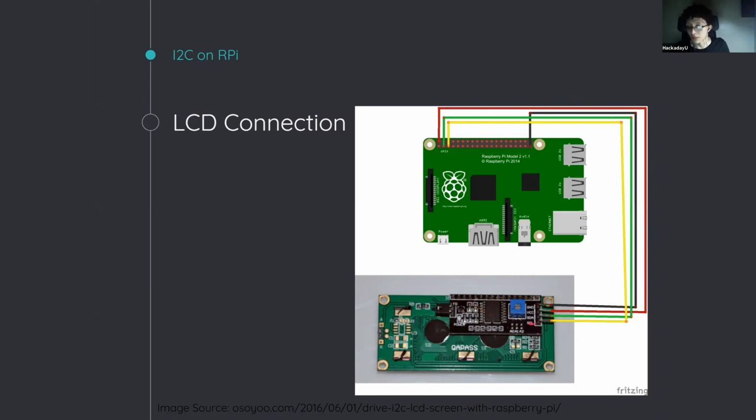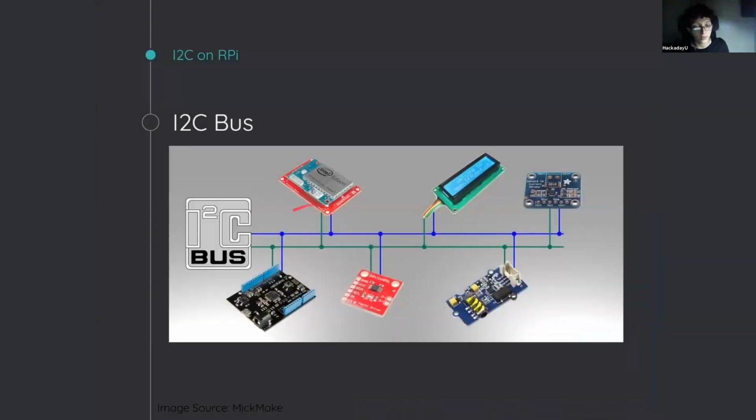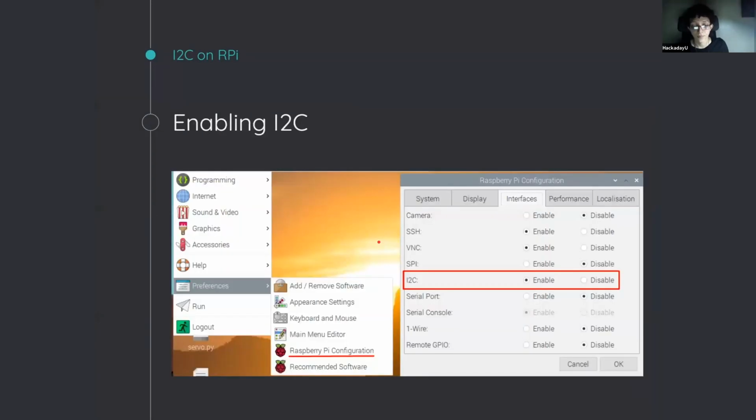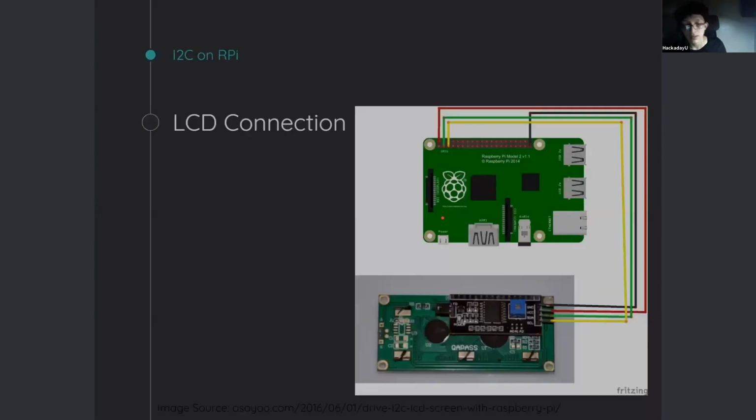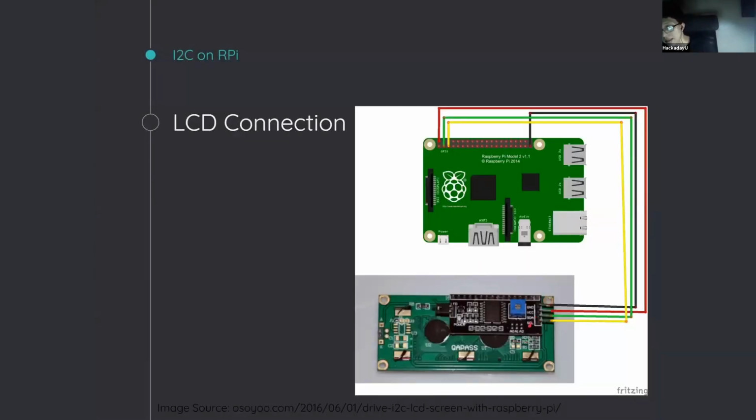And the other 2 cables, which we can see here, are the 2 cables that carry data. One is called SDA and the other one SCL. Notice that you should connect each one of them to the matching ones on the Raspberry Pi. For example, you connect the SDA to the SDA pin on the Raspberry Pi, okay? And the SCL to the SCL of the Raspberry Pi.